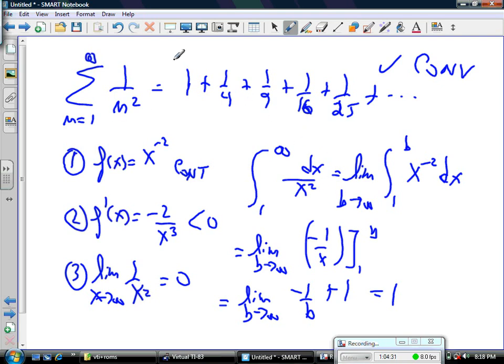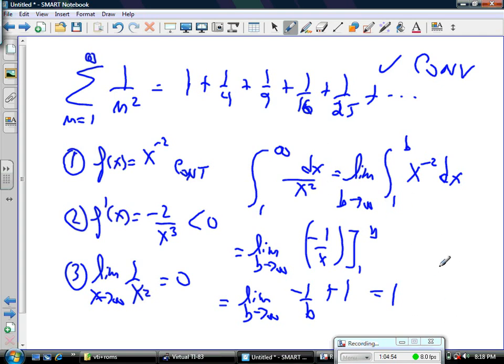I could do the exact same argument if I had cubic here and a cubic here. I would get an answer here and I would get convergence here. Fourth power here, I'd get an answer here and convergence there. And so forth and so on. If this is 4, you get 1 over 4 minus 1, a third. If this is 3, you get 1 over 3 minus 1, a half.